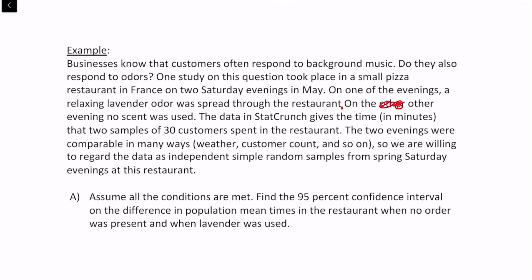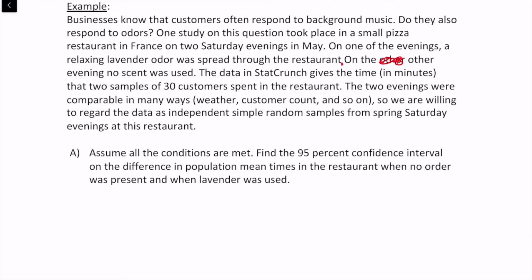Okay? So the data that I'm gonna show you in StatCrunch in a second contains, for each of those Saturday evenings, 30 times that the customer spent in the restaurant. Okay, part A. Assume all conditions are met. Find the 95% confidence interval on the difference in population mean times in the restaurant when no odor was present and when the lavender was used.